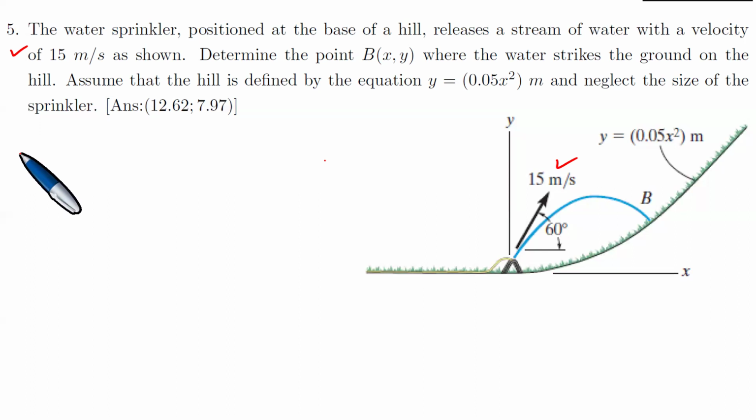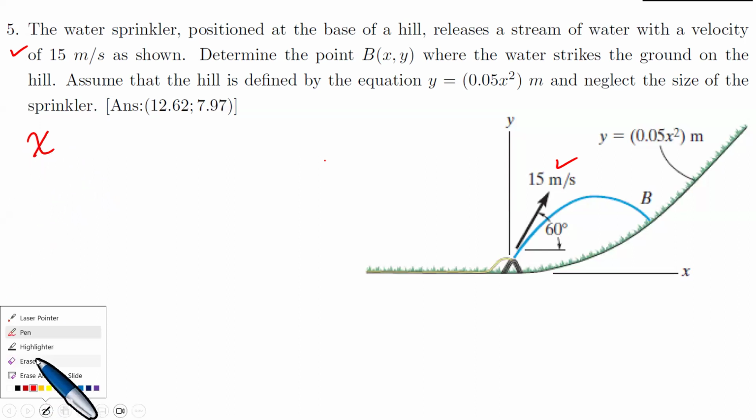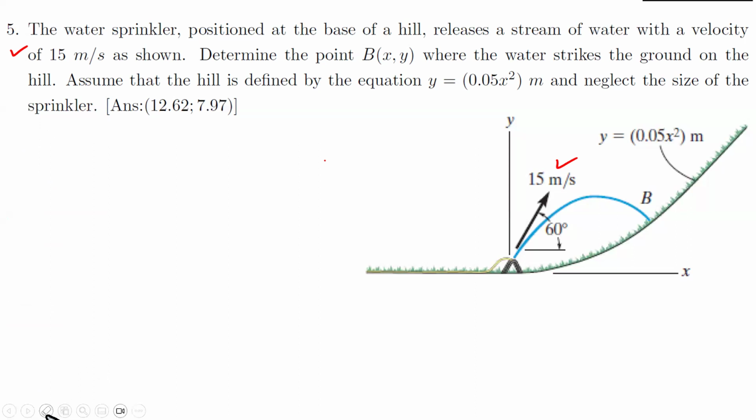But how precise can we actually be in determining that? So you can say, for instance, we can determine V, let's call it V0x. Because immediately when this is projected at that angle, there are a couple of things that we can take into account.